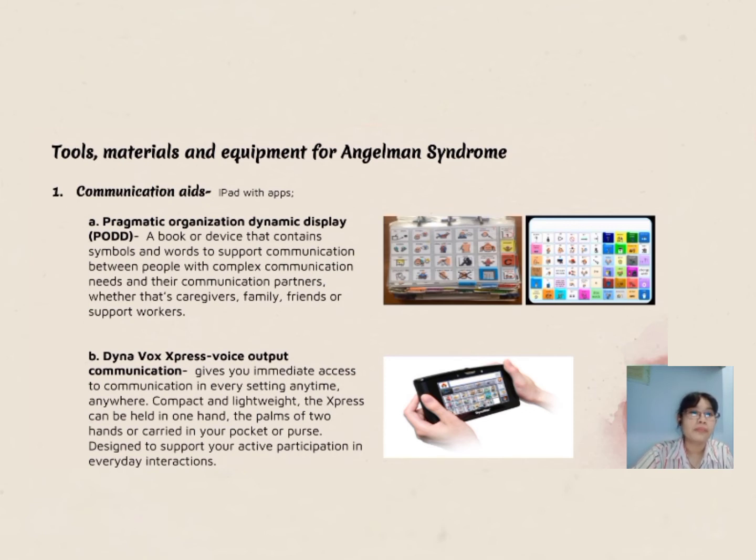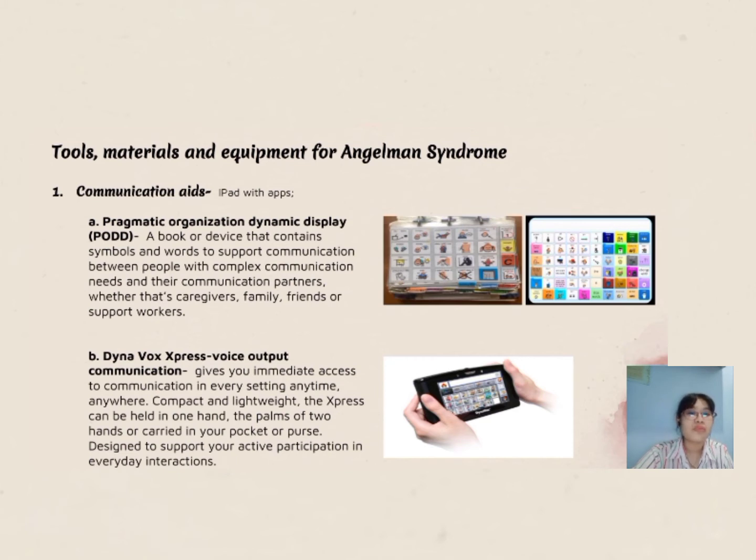So, that contains symbols and words to support communication between people with complex communication needs and their communication partners, whether that's caregiver, family, friends, or support workers. And next, we have the Dynavox Express Voice Output Communication.